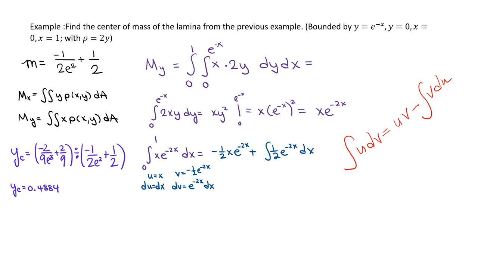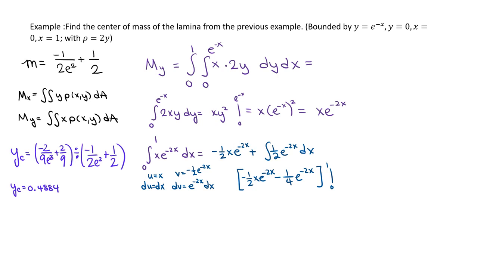So let's see, that would give me u times v, so negative 1/2 x e to the negative 2x, and then minus a minus, so that's how I got a plus, the antiderivative of 1/2 e to the negative 2x dx. All right, so I think I set that up correctly using my integration by parts.